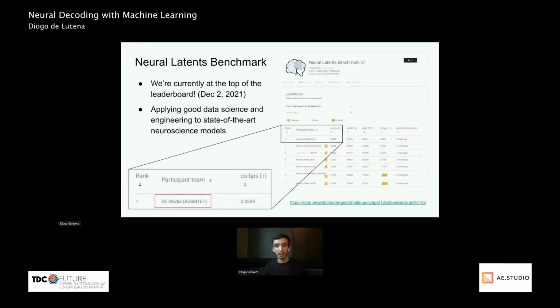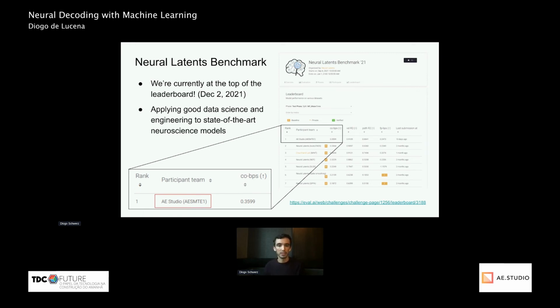We have submitted our results, and as of today, we're at the top of the leaderboard. So we have a very cool deep neural network that tries to do exactly that, to predict the firing rate of neurons that were held out, and we got great accuracy, better than all the baselines and the other applications that were there up to this point.